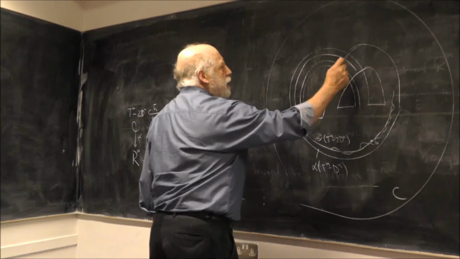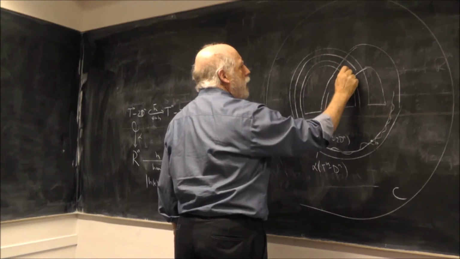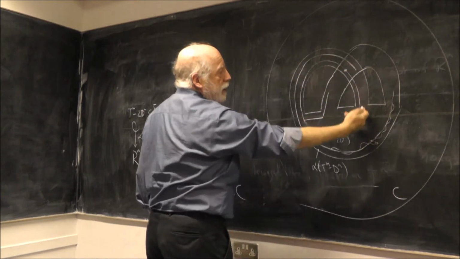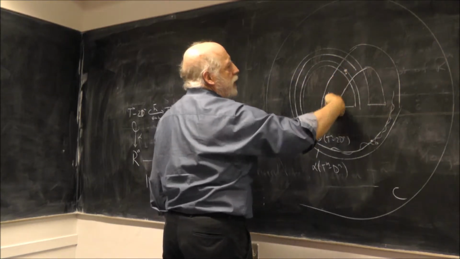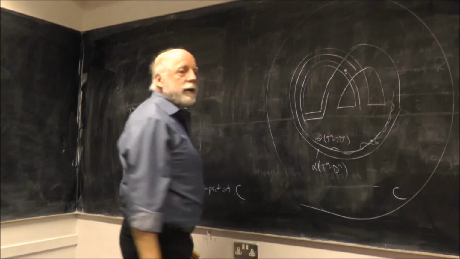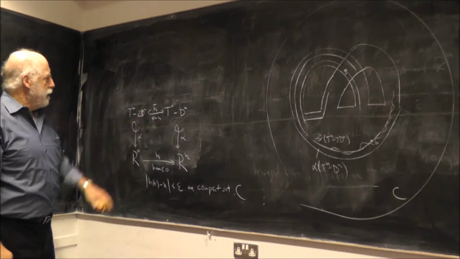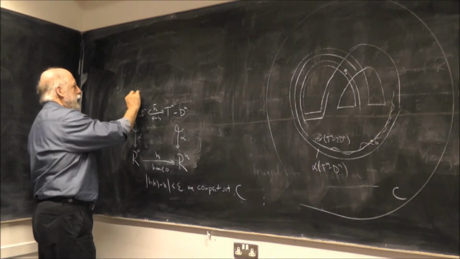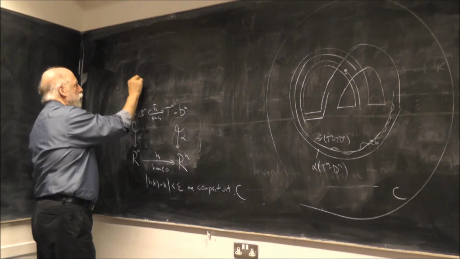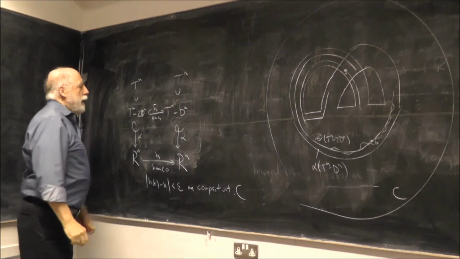Or if the point came from this handle and moves a little way, I don't lift it into that handle, I lift it into the same handle. So there's no problem with that. So we get this. Well, then this sits inside the N torus, and I have this embedding.